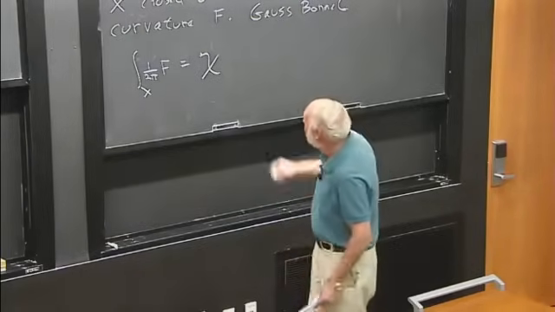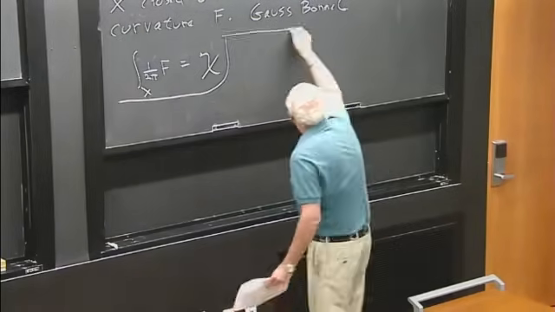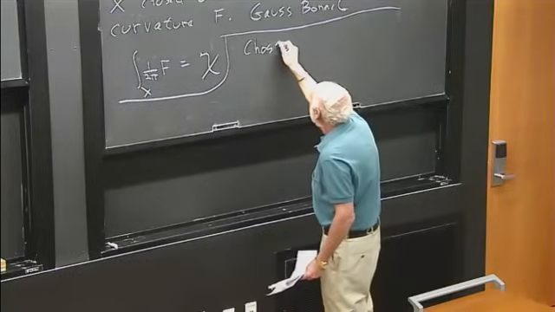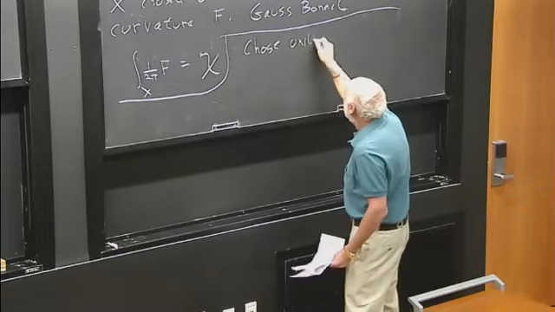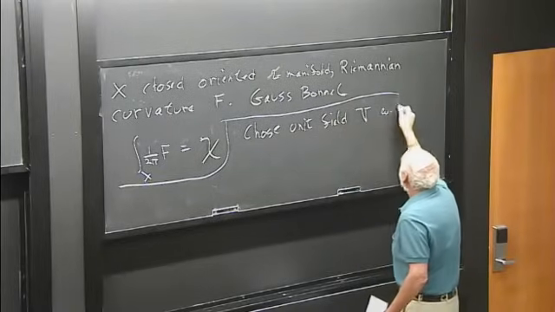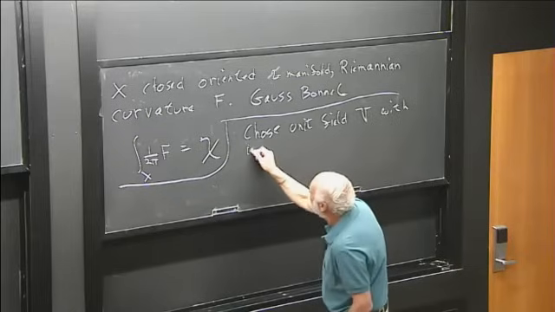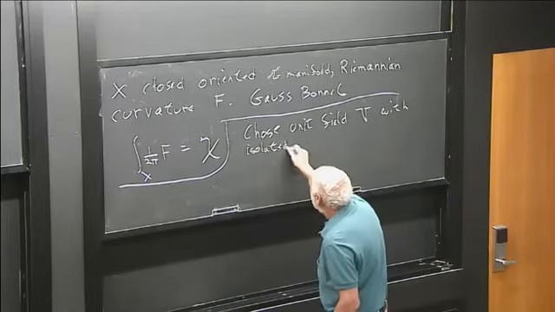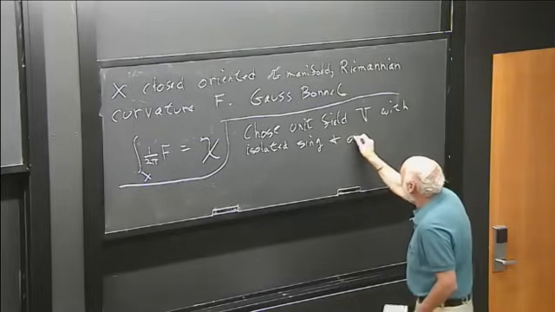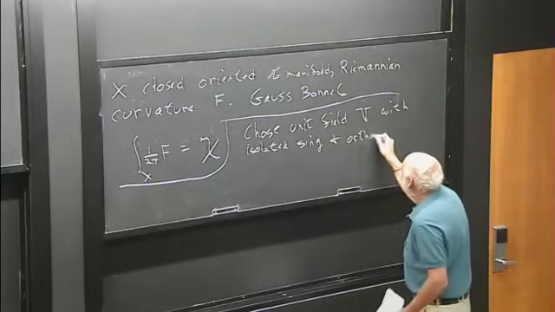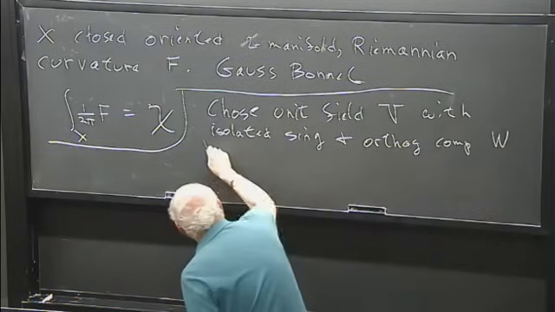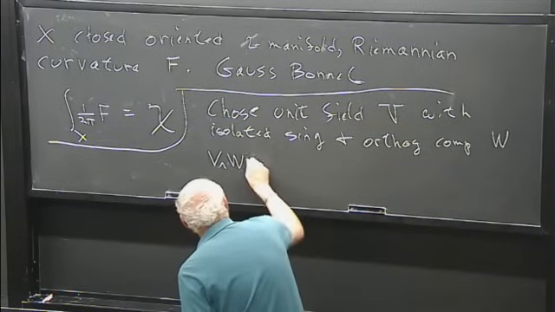So we'll choose a vector field. Choose a unit vector field V with isolated singularities, and orthogonal complement W so that V wedge W is oriented.